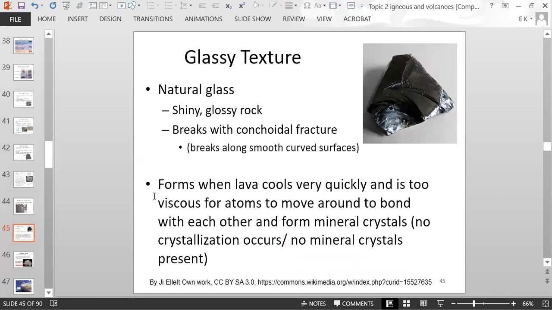Glassy texture rocks form when lava cools very quickly and is too viscous for atoms to move around to bond with each other and form mineral crystals. So there is no crystallization that has occurred and no mineral crystals are present in this rock because the atoms were unable to bond with each other and form crystals.